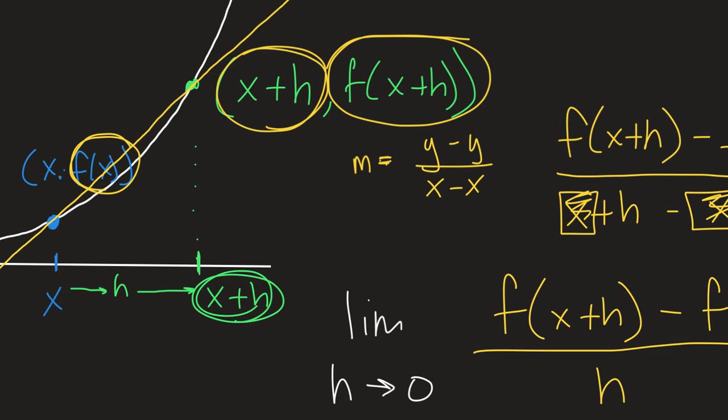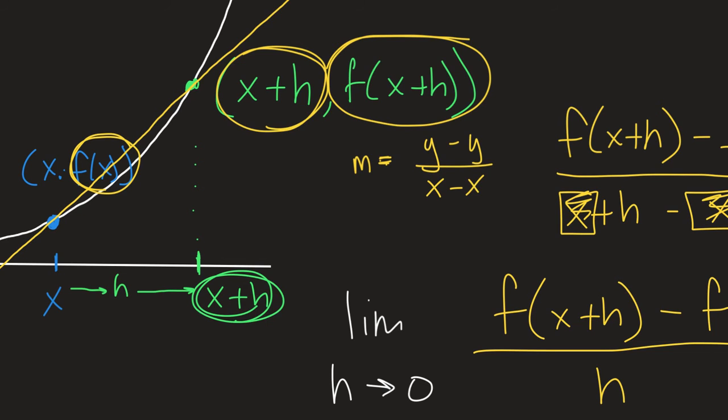So if our h value, the distance between our two points, gets smaller and smaller, then this yellow secant line becomes a better approximation of the slope of the line exactly at that blue point, or the tangent line. When h becomes 0, when it gets infinitesimally close, we now call that a tangent line. It will be touching in exactly one place.